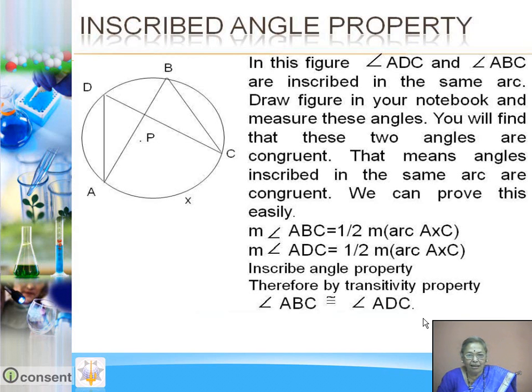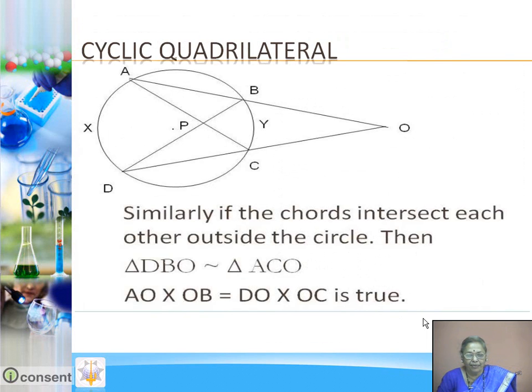A quadrilateral is formed in the circle. That is, 4 vertices of the quadrilateral lie on the circle. This type of quadrilateral is called as cyclic quadrilateral. The property of this cyclic quadrilateral is that opposite angles are always supplementary.